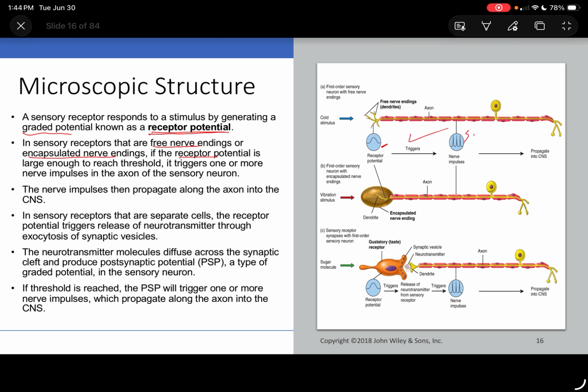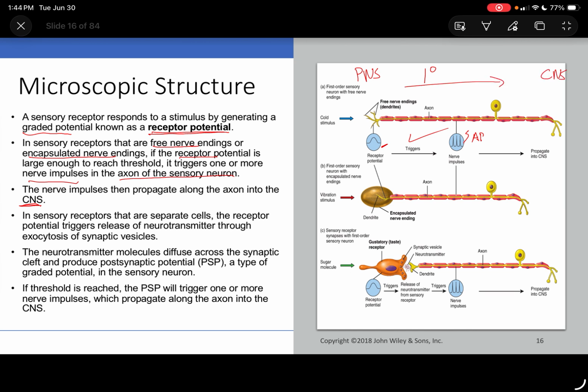This is going to trigger one or more nerve impulses that are going to propagate along the axon of our sensory neuron and into the central nervous system. Remember, these are first order neurons because they're going from the peripheral nervous system into the central nervous system.